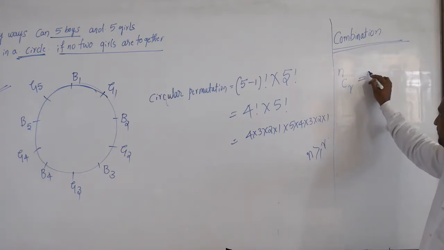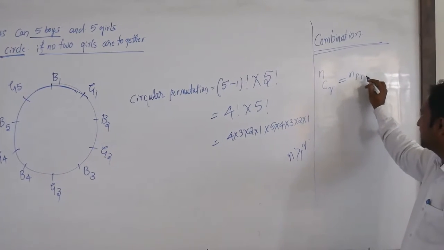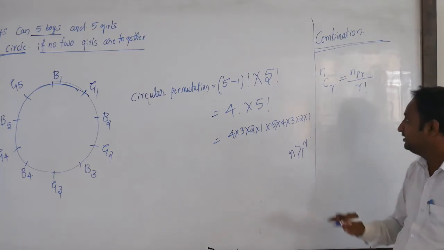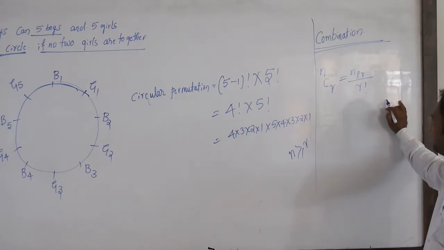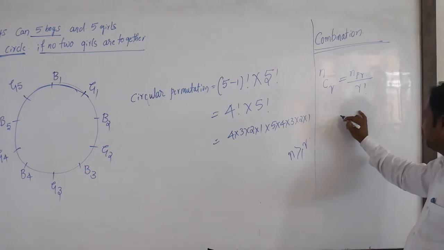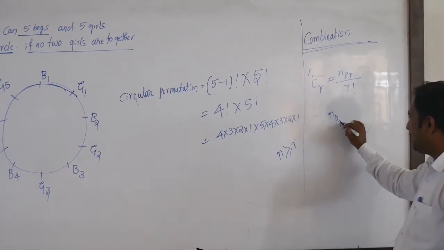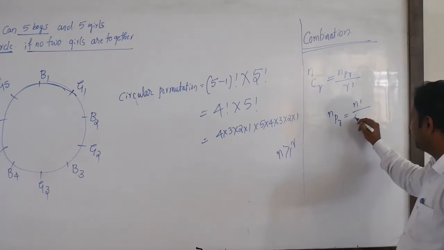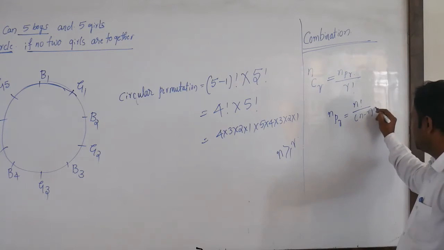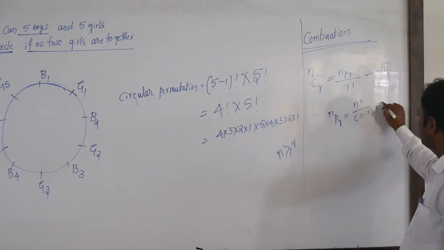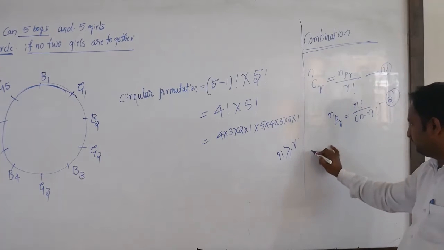nCr is equal to nPr divided by r factorial. Already we know the formula nPr is equal to n factorial divided by (n minus r) factorial. Call these equation 1 and equation 2.